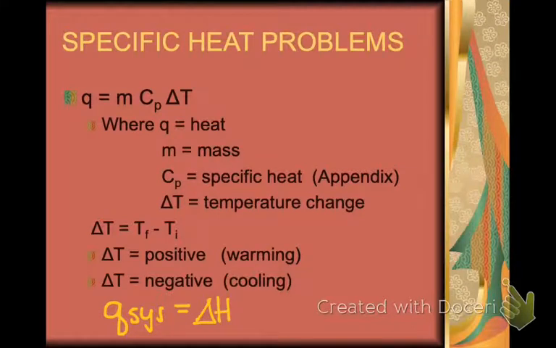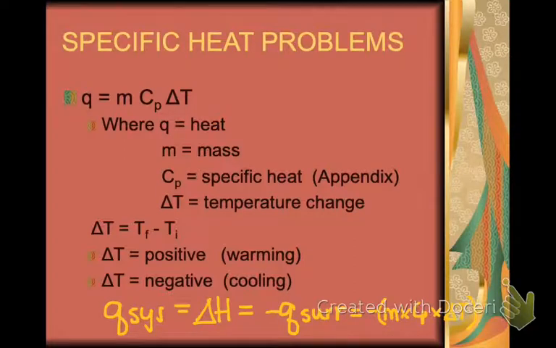Because the amount of heat that is released or absorbed in the system is going to be equal and opposite in sign to that of the surroundings, I can say that negative Q of the surroundings equals delta H. And if we're solving with Q equals M C sub P delta T, then mass times C sub P times delta T, oh, that's not going to show up very well, I apologize for that, is also equal to what we're saying.